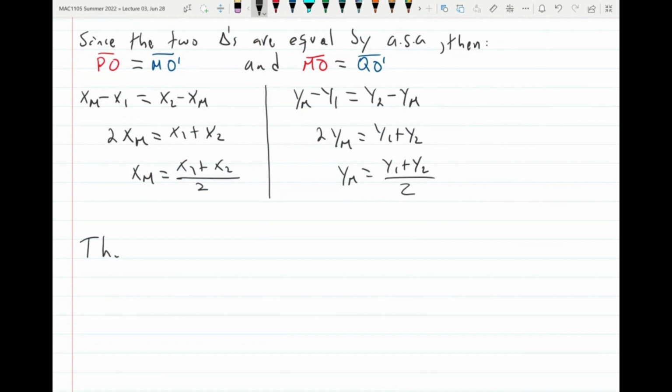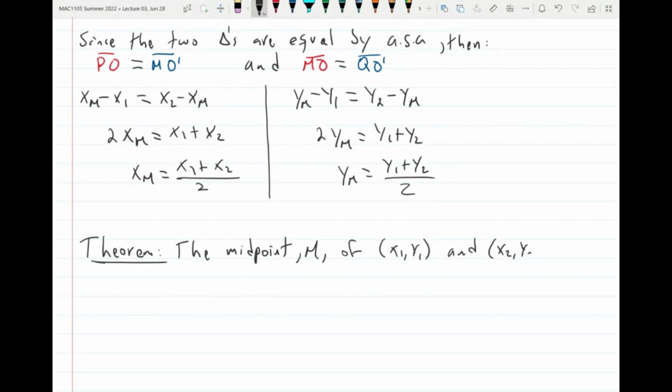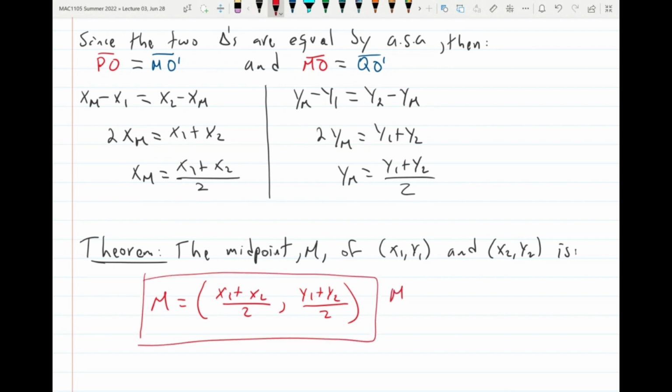So, theorem: the midpoint M of (x1, y1) and (x2, y2) is given by ((x1 + x2)/2, (y1 + y2)/2). That's what we call the midpoint formula.